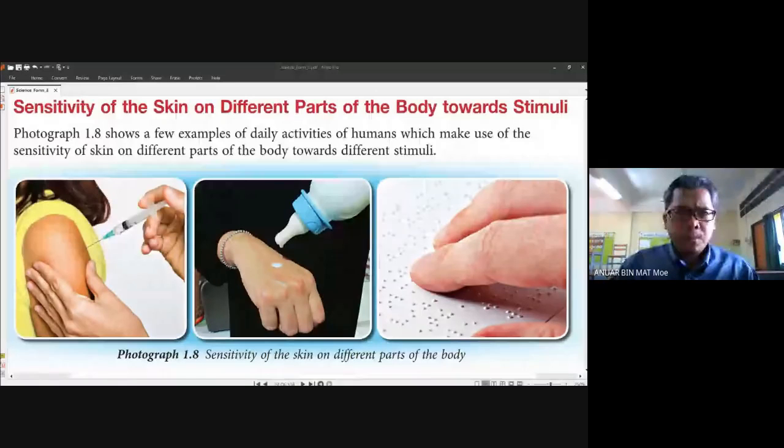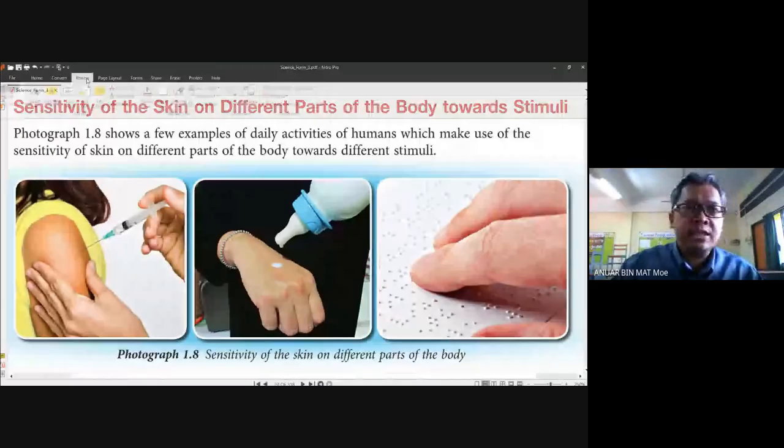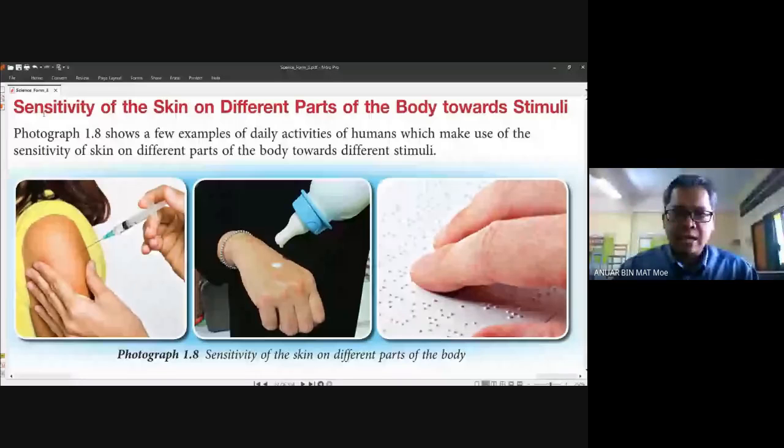Okay, what we're going to learn here is that not all parts of our body, not all parts of our skin, have the same sensitivity. You know what is your meaning by sensitivity? Not all skin, the sensitivity is the same.